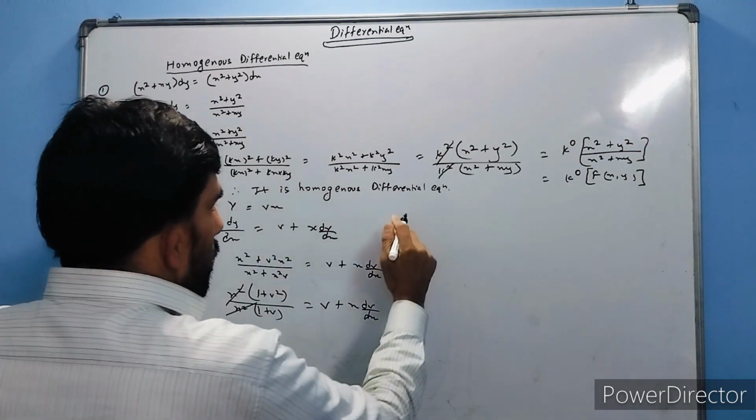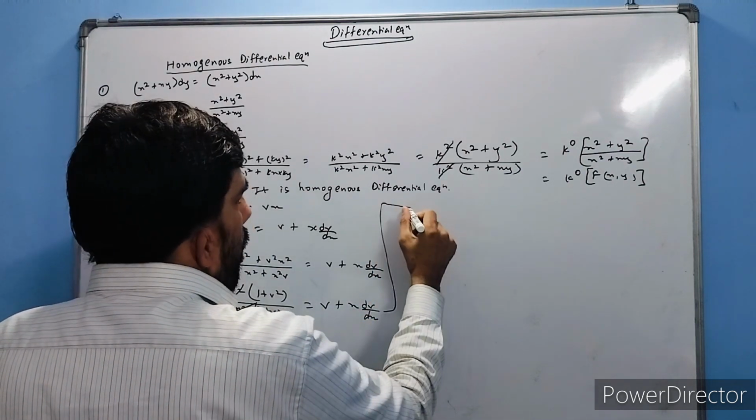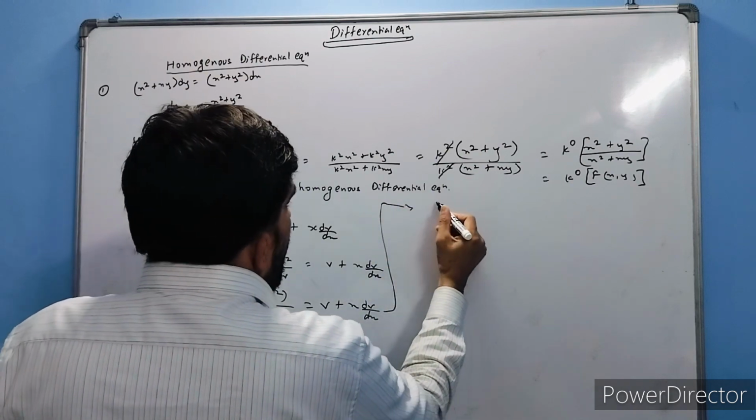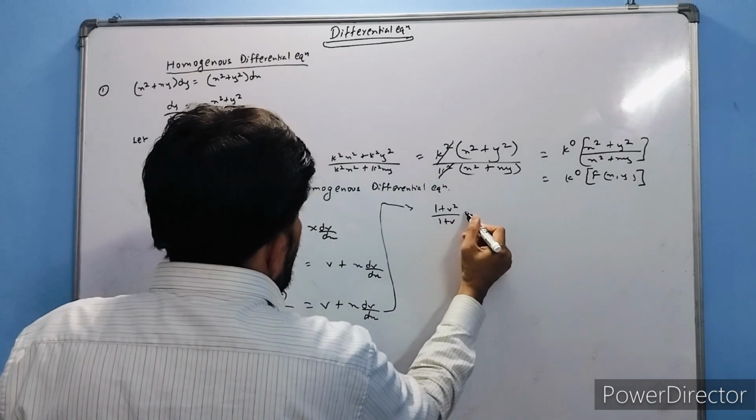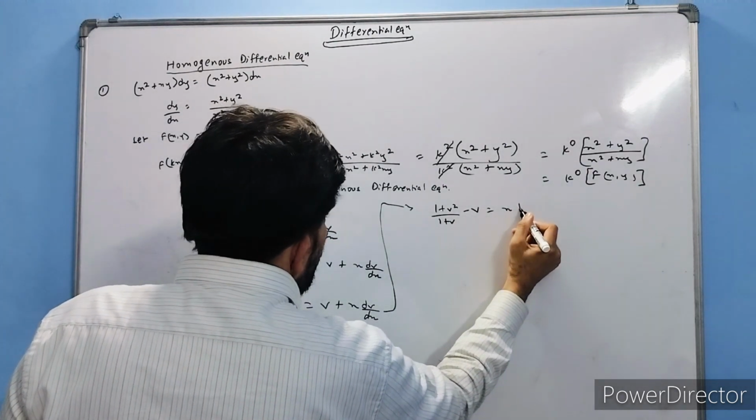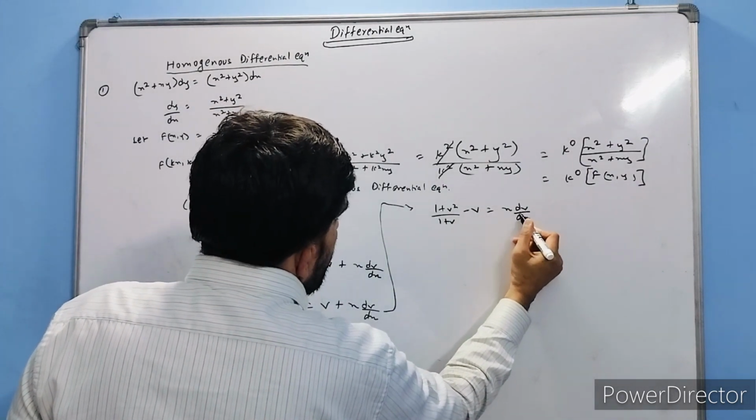Now we'll try to solve here. This step will be: 1 plus v square upon 1 plus v minus v is equal to x dv upon dx.